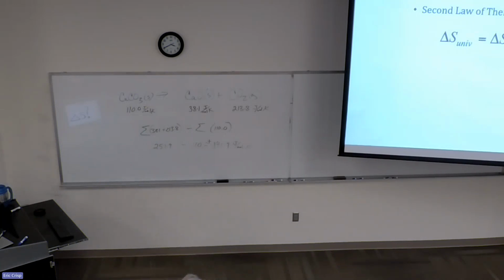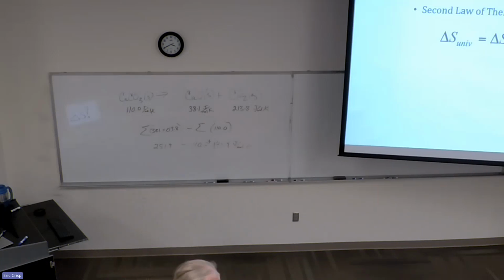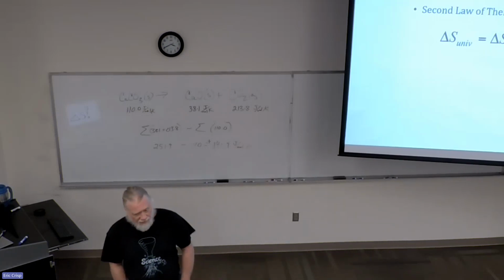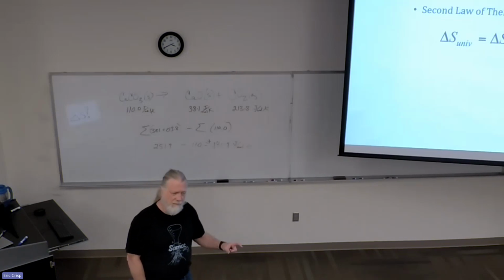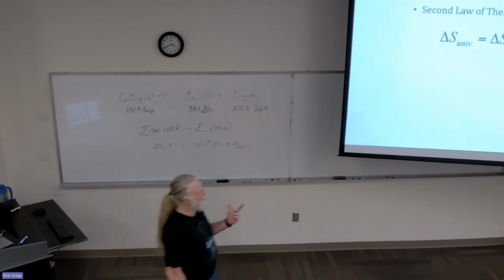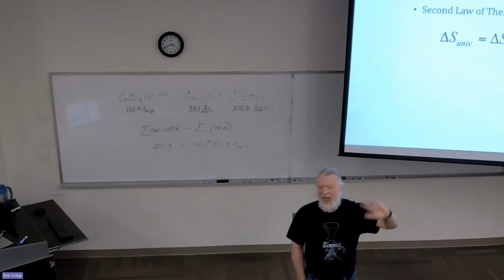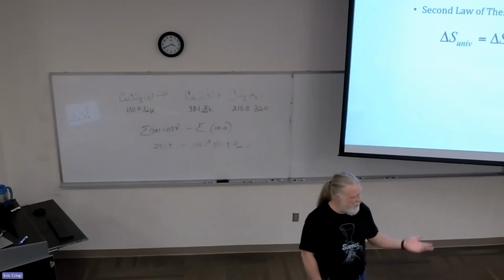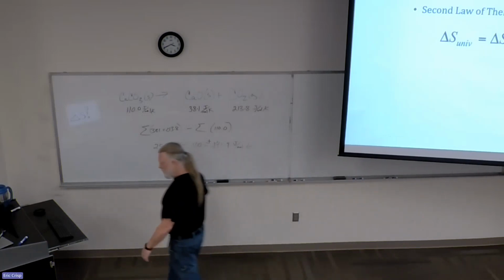The delta S of the universe for everything is going to be greater than or equal to zero, and also, importantly, the delta S of the universe can be defined as the delta S of our system plus the delta S of everything else. And that's the point. The surroundings, the second term, we're going to define as everything else. So by definition, delta S of the universe is the thing we're focused on plus all the stuff outside of the thing we're focused on, right?